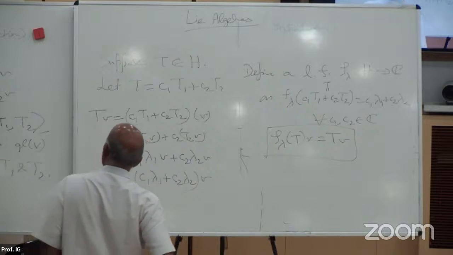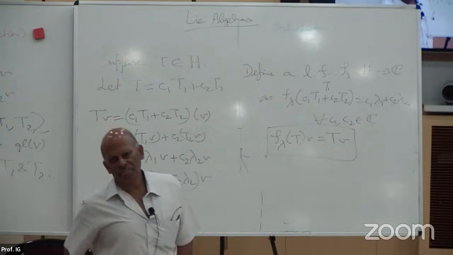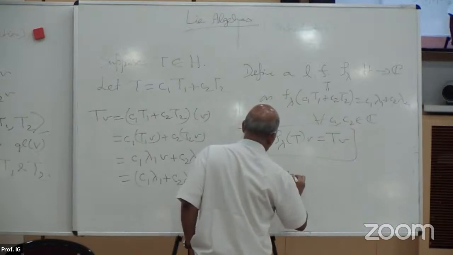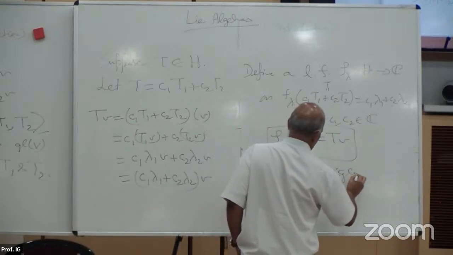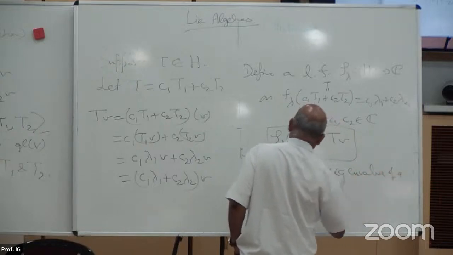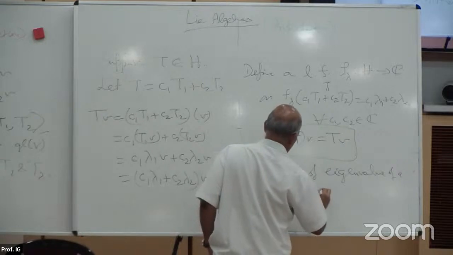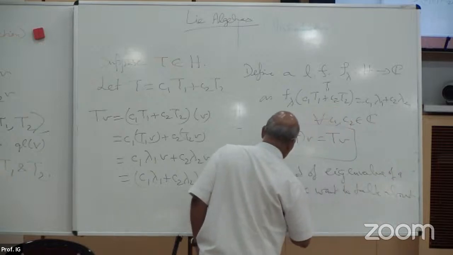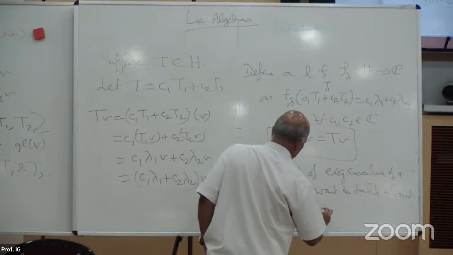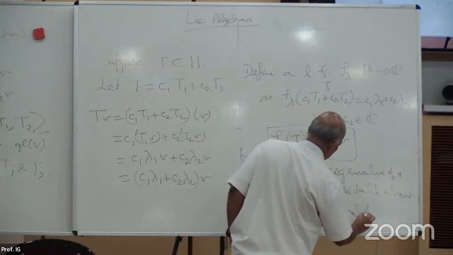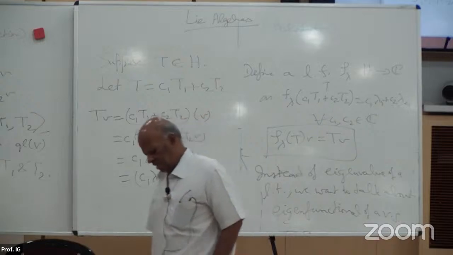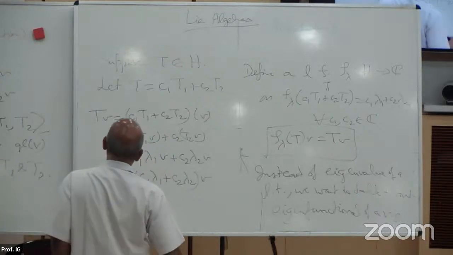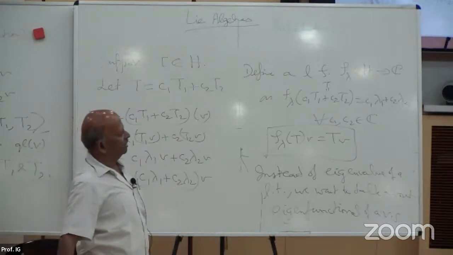So this is what, when I was talking about expanding the concept of eigenvalue, what we want to talk about is eigenfunctionals. And of course, since I am introducing, I have written just T1, T2. You know that all these things can be taken for any finite dimensional thing.